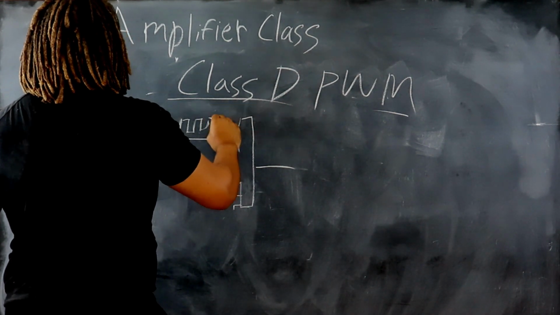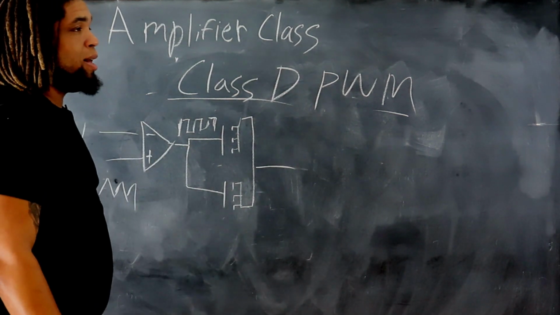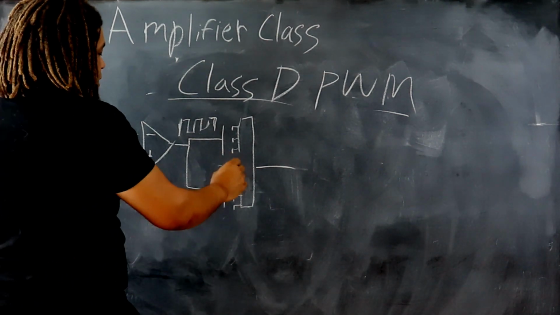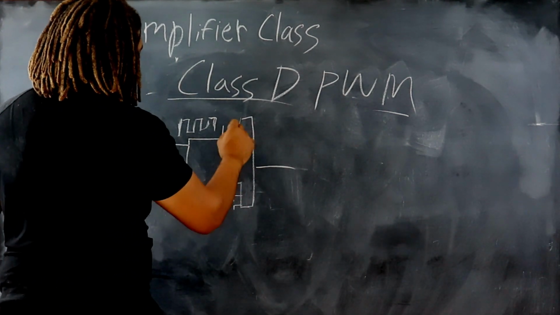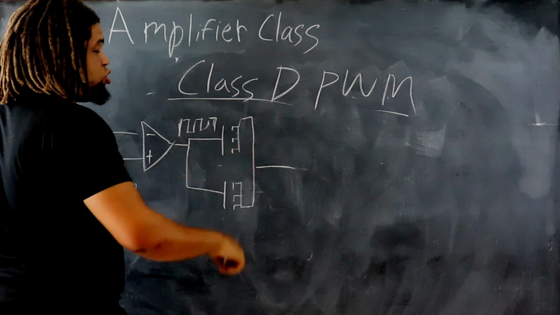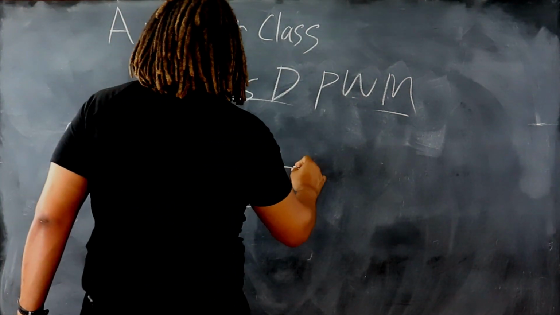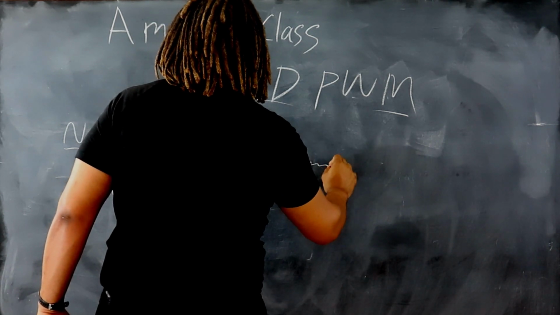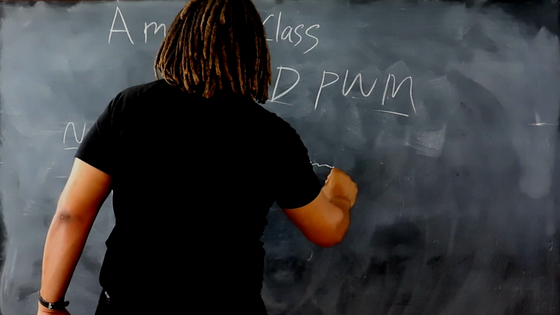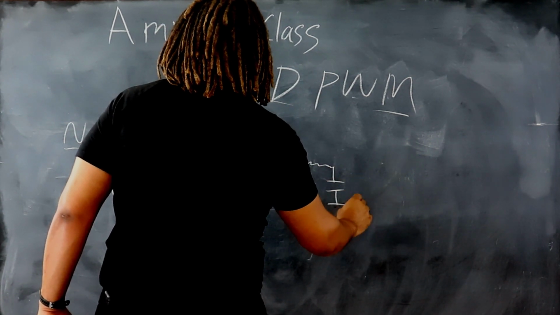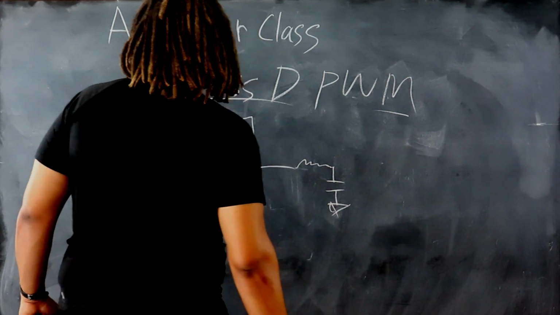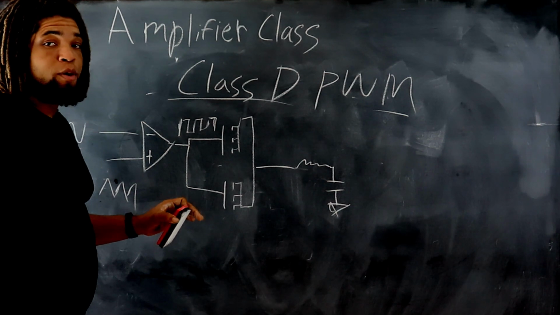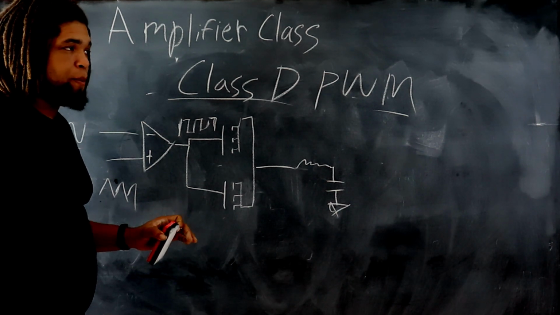Now, this is going to be happening very quickly, let's say upwards of 100 kilohertz. And these, which are MOSFET transistors, are going to be acting as switches. And here, what we're going to have are filters. Now, this is one of the disadvantages of your Class D setup. So it works very similar to a switch mode power supply.